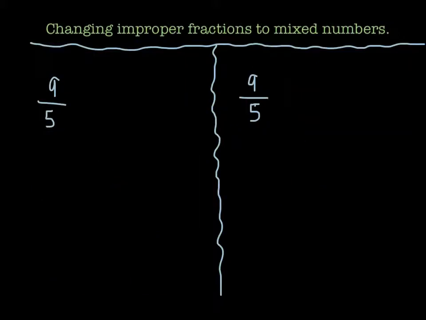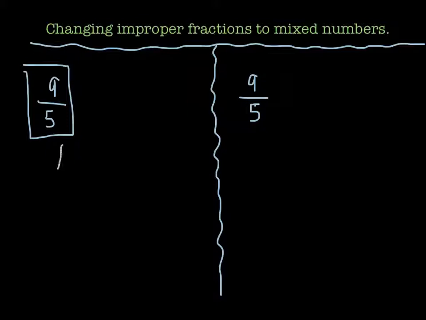We also need to go back in the other direction. We need to be able to change an improper fraction back to a mixed number. So in order to do this, we start with a fraction such as 9/5. We want to think about how many wholes we could get out of that. If we were going to take the 9/5 that we have and arrange them into a whole and some parts, we can figure out what it is.